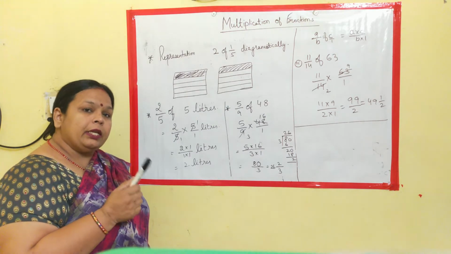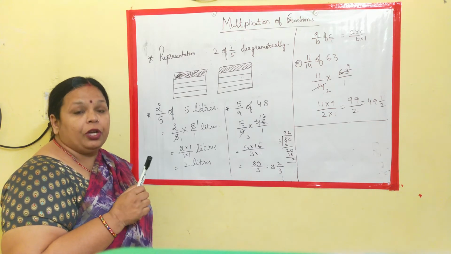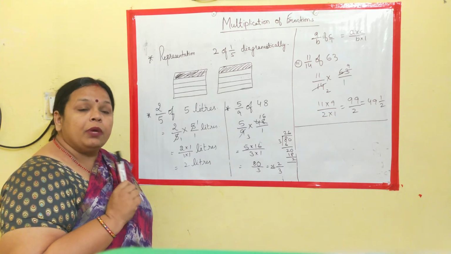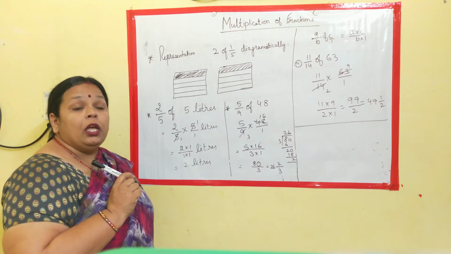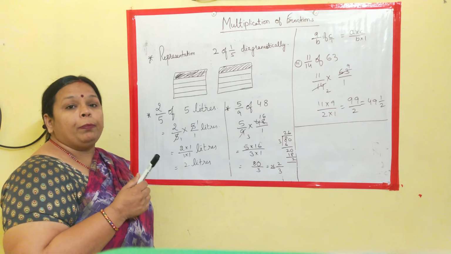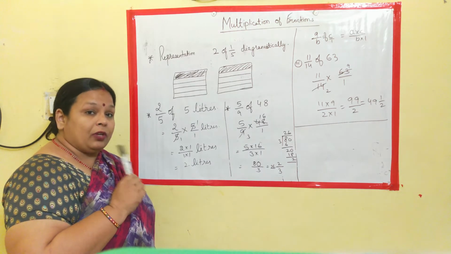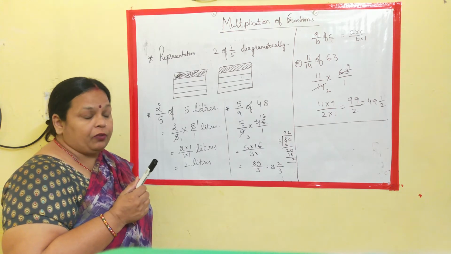If any cancellation is possible, we will do that cancellation and then at the last multiply the numerators and multiply the denominators. The formed product, if it is found to be an improper fraction, then we have started with a mixed fraction. Again we will be ending with a mixed fraction.